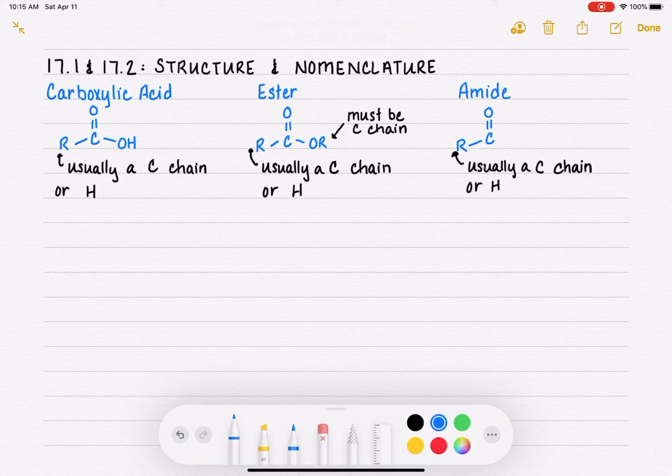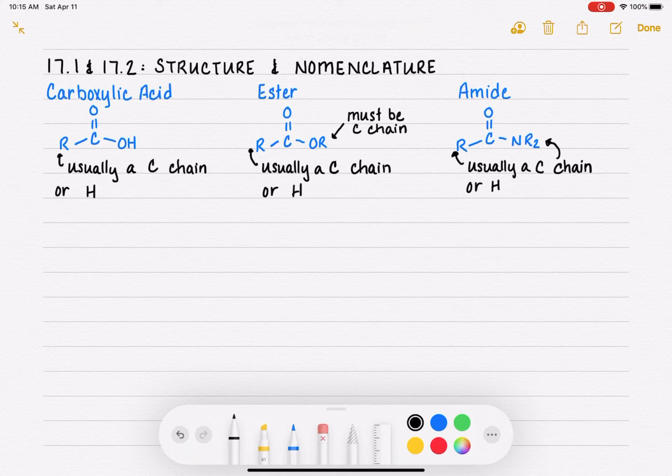Amides have, to the right, instead of an oxygen, a nitrogen. And that nitrogen has 2 things attached to it, which we're going to call R2. And those 2 things are also usually carbon chains, but they could also be hydrogens. So no restrictions on the R's in an amide. They could be anything.